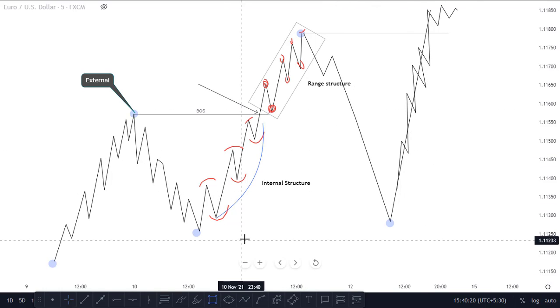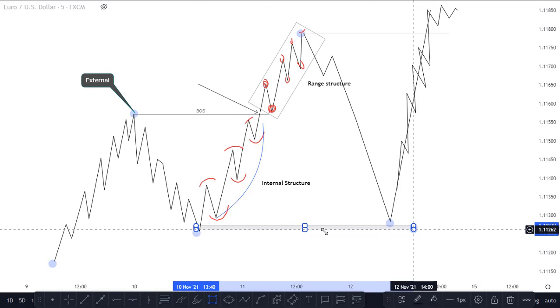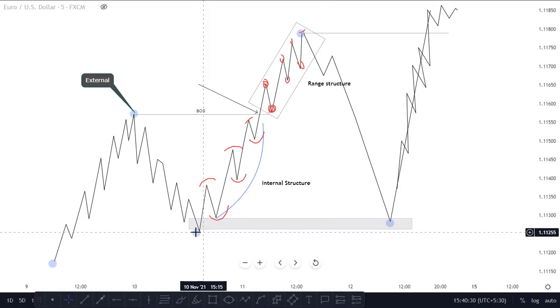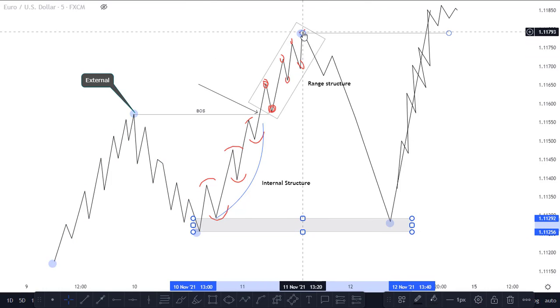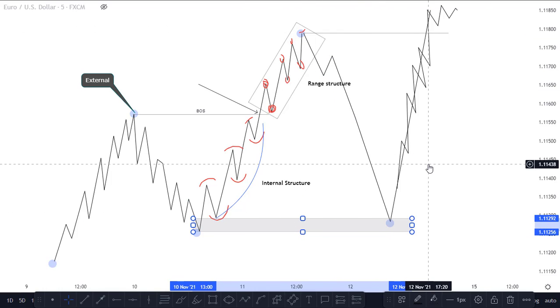So we always expect that market will not break this major liquidity, but it will go to break the external liquidity we have here. This is how to approach the market.